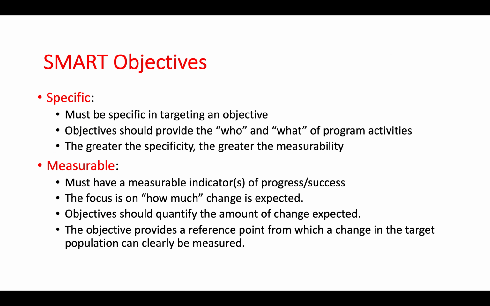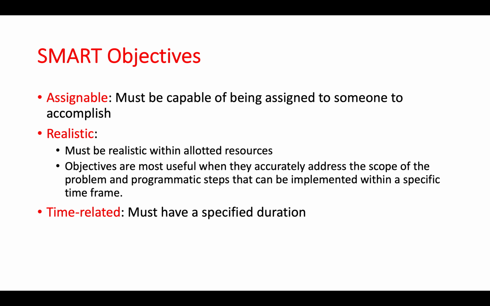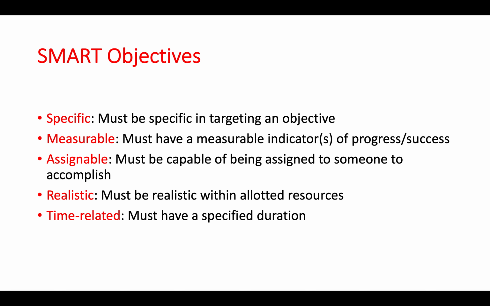Following is the detailed information on what we mean by specific, measurable, assignable, realistic, and time related. When we are targeting an objective, the objective must be specific. And it needs to have some measurable indicators for us to track whether the objective is achieved or not.